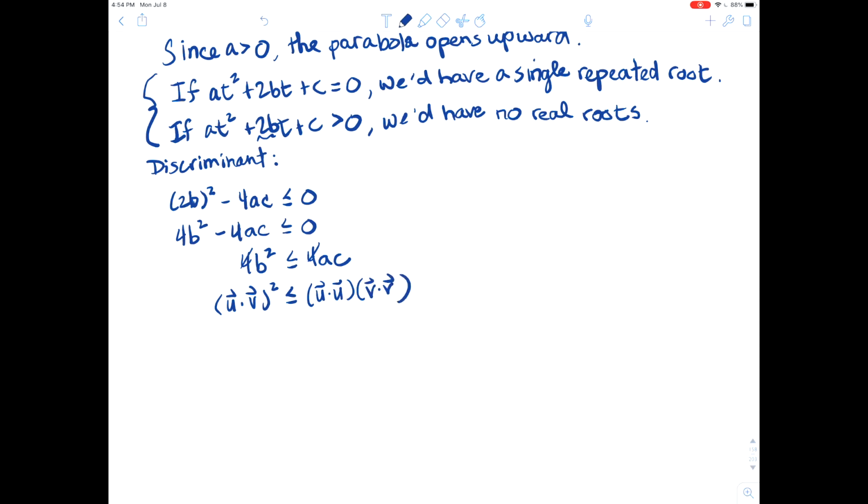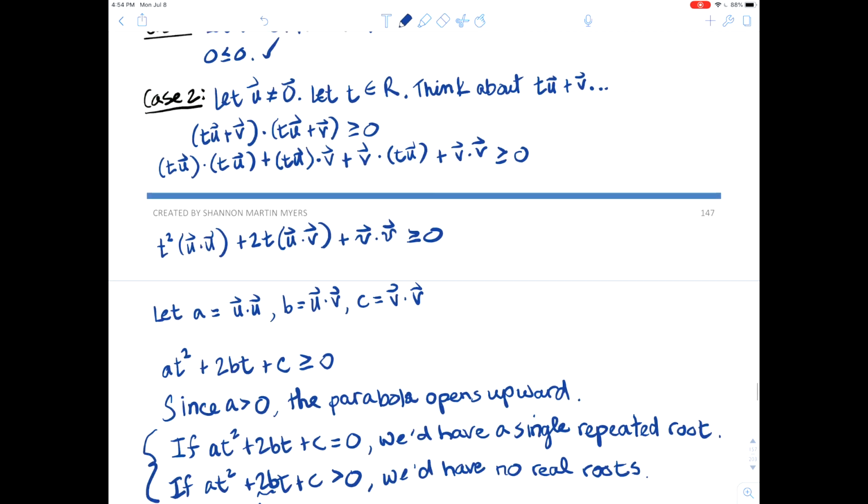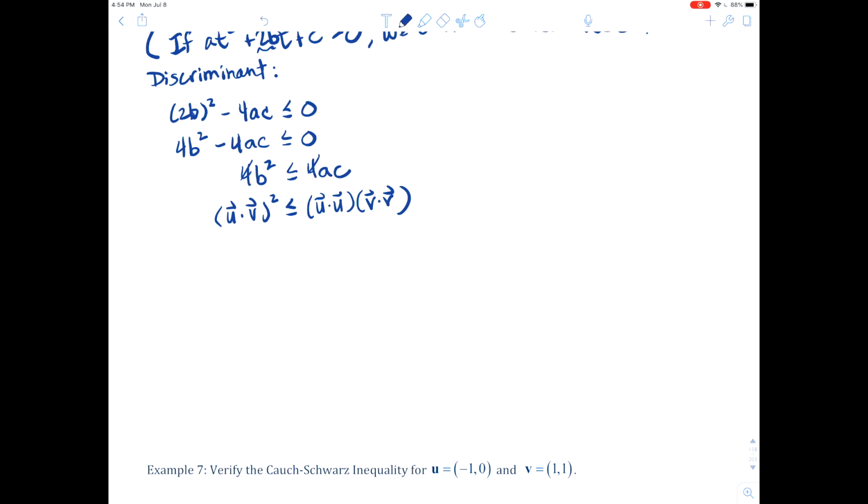Okay, but don't we know, this theorem has magnitude in there, right? And so here, wouldn't it be nice to put that in terms of the magnitude? So I'd have U dot V squared would be less than or equal to, beautiful, the magnitude of U squared times the magnitude of V squared.